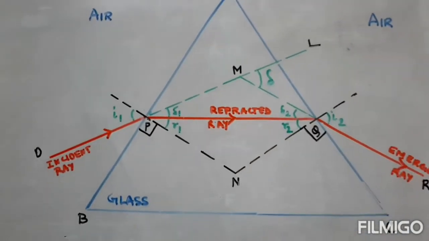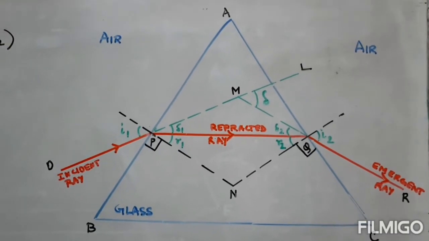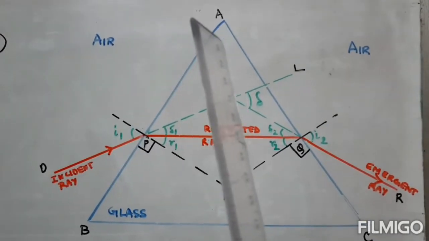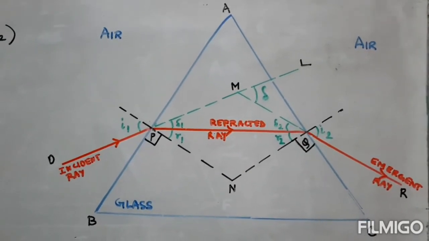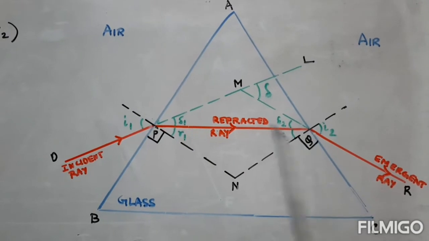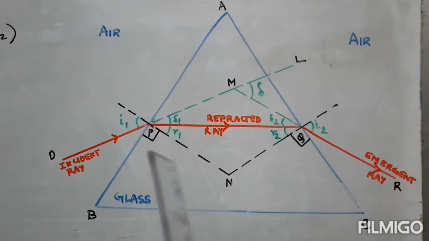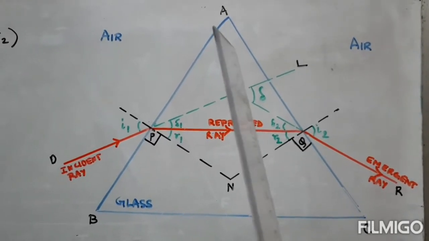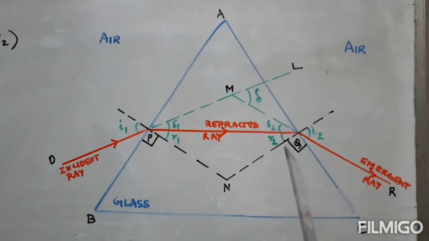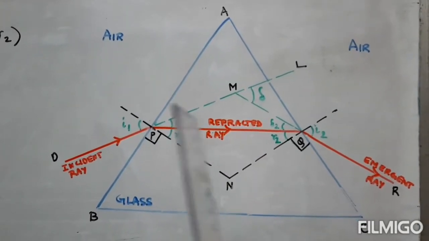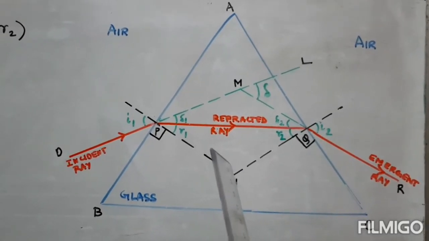Next, in this triangular section of the prism, we have a quadrilateral APNQ. In this quadrilateral, angle P and angle Q make 180 degrees because both are 90. Definitely then angle A and angle PNQ will make 180 because the sum of all the angles of a quadrilateral is 360.